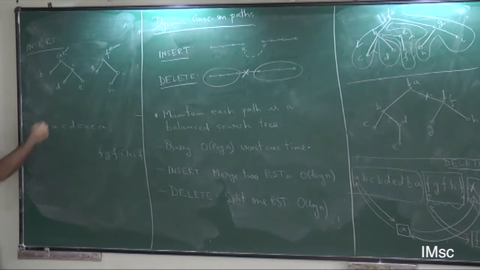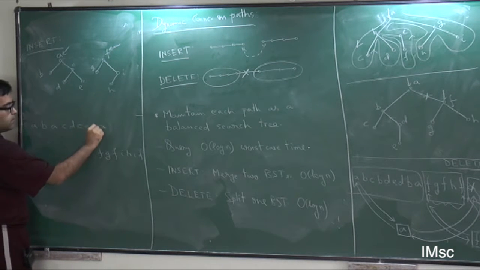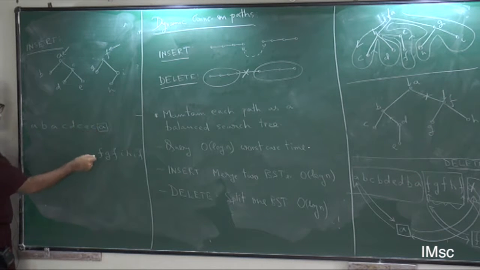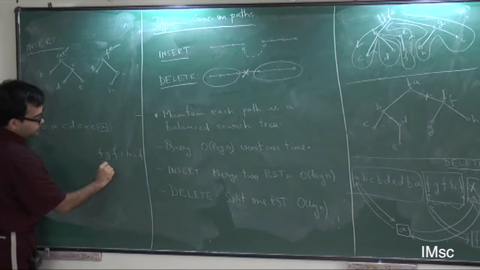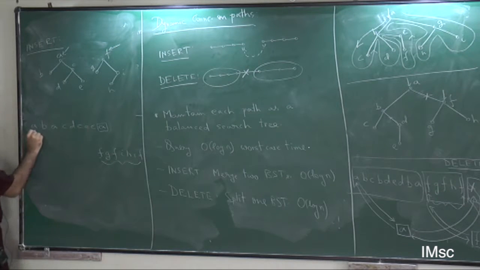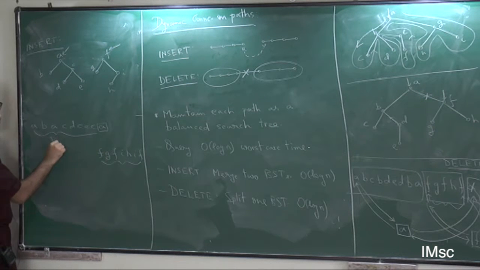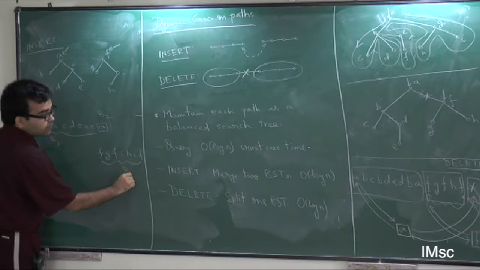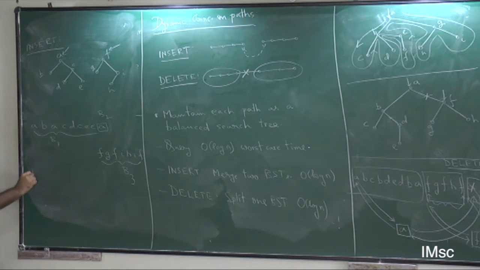So, now I ask you to insert this edge A, B. What will you do? Just pick the last entry apart, then insert this thing. So, suppose these are the 3 blocks. This is say B1, this is B2 and this is B3. So, your new list will simply be B1, B3, B2.